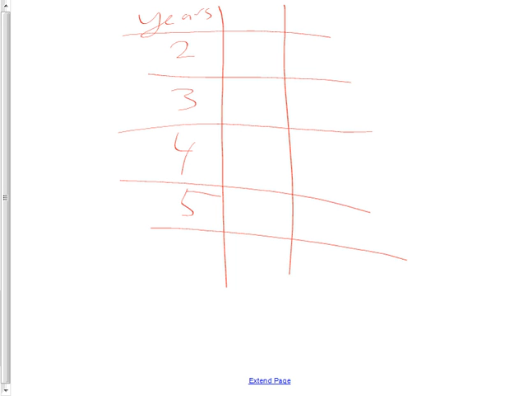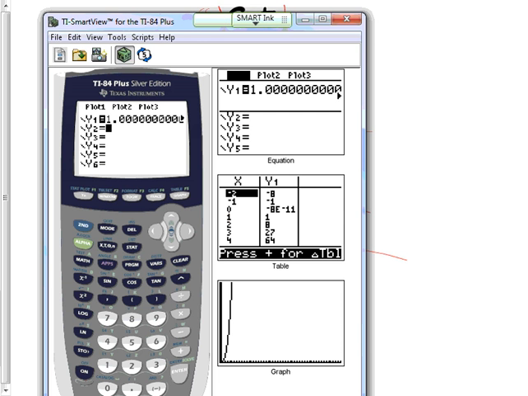Okay, so the years is one side, and the other side is, let's say, centrifuges, just since I was talking about that. In year 2, let me look back at my data here.